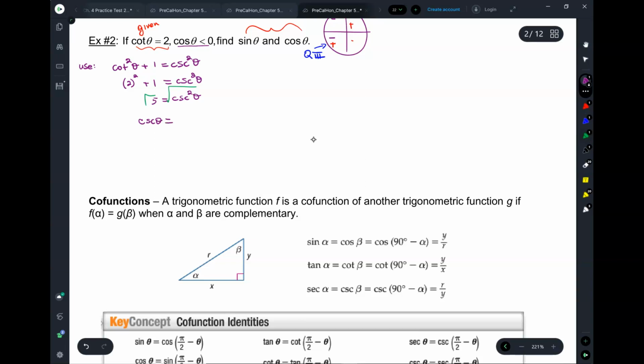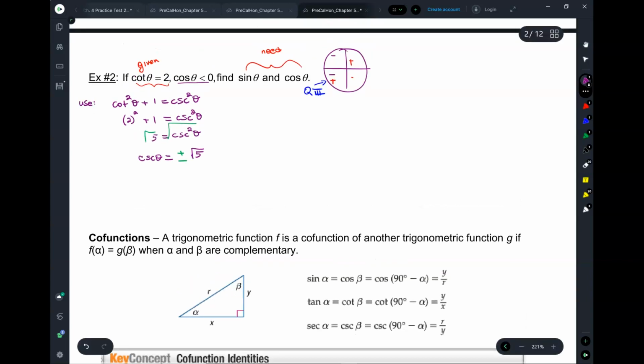Cosecant of theta equals plus or minus root 5. That's important. Now, however, what quadrant are we in? Third. So it's got to be the negative. Okay, that's fabulous. We found cosecant.